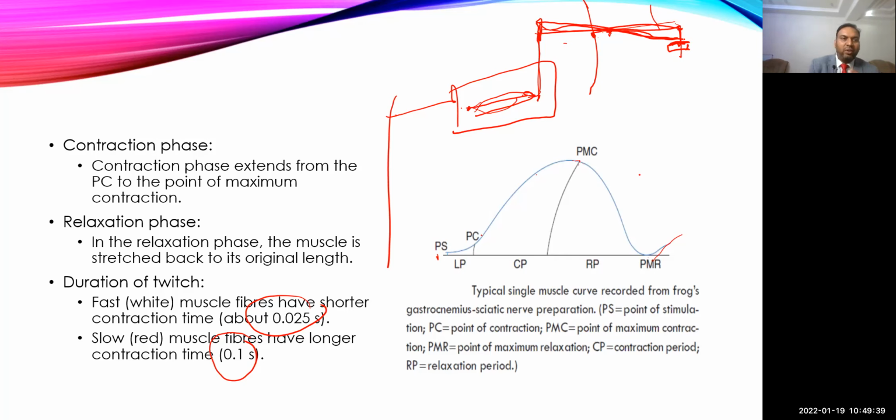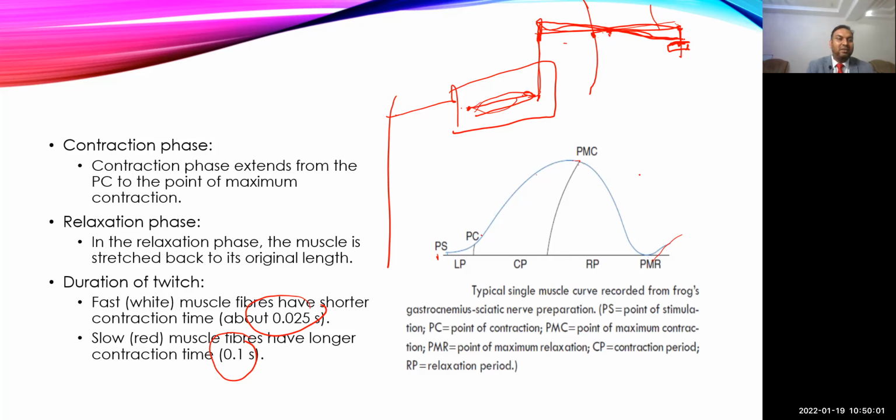Now what happens in free load, it will cause a little bit of stretching on the muscles, and that will bring that muscle to optimum length. And if we stimulate it, the muscle will contract with its full force of contraction. So force of contraction generated in free load is much higher as compared to afterload.